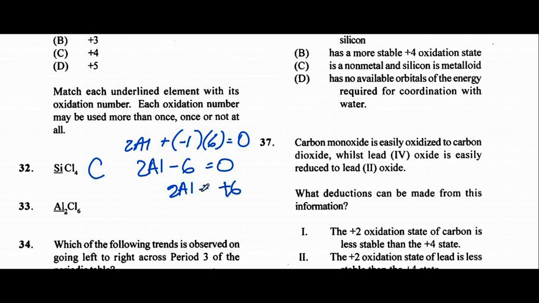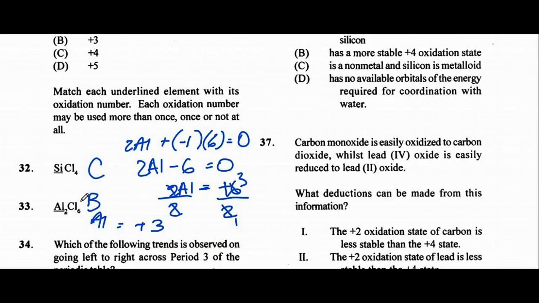Don't need to put the plus, but I just put it there to keep you informed. Divide by 2 on both sides. 2 over 2 is 1, 6 over 2 is 3. We see that aluminum has an oxidation number of +3, and that's for aluminum. ON is oxidation number. Let me just not confuse you. So that's B for 33.